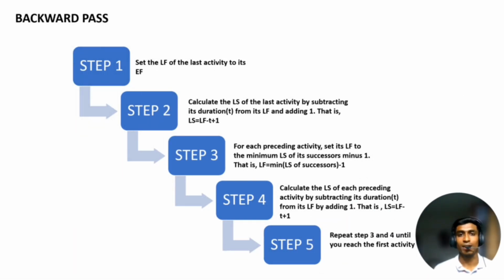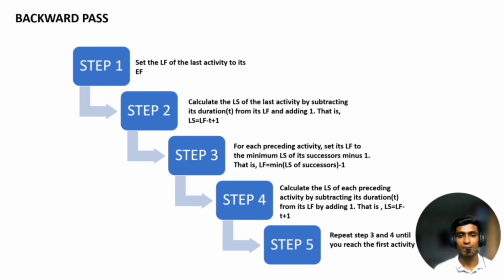Okay, the second calculation method would be backward pass. There are 5 steps as well. The first would be set the LF of the last activity to its EF. Second, calculate the LS of the last activity by subtracting its duration from its LF and adding 1. Step 3.